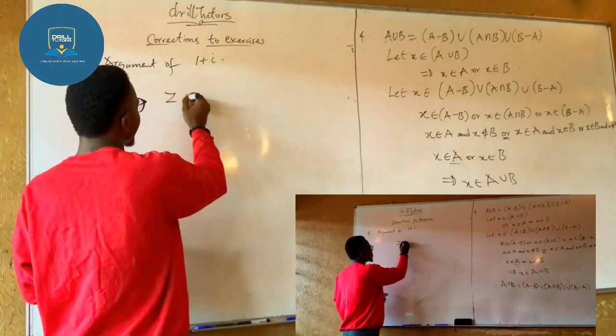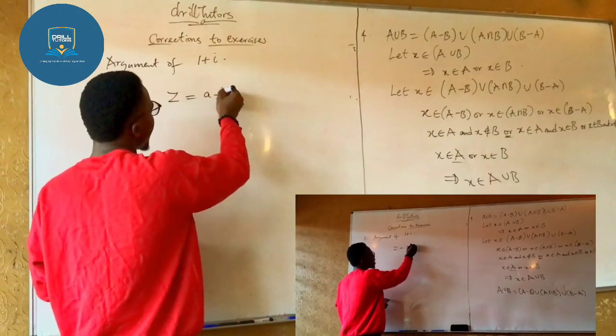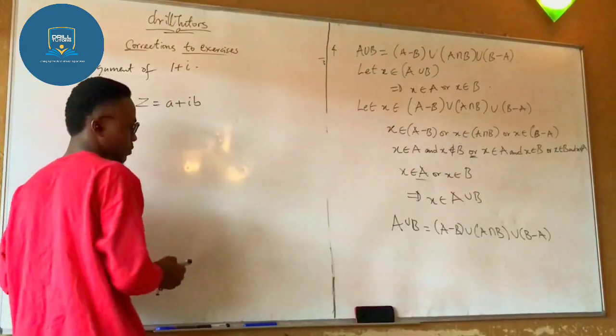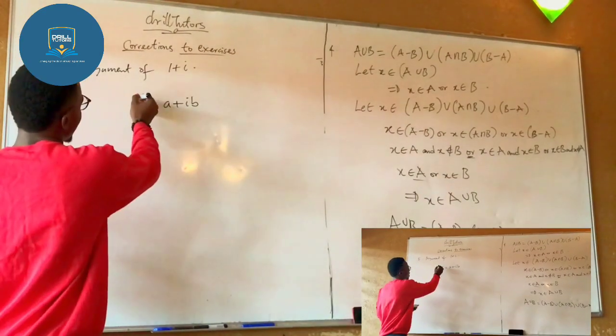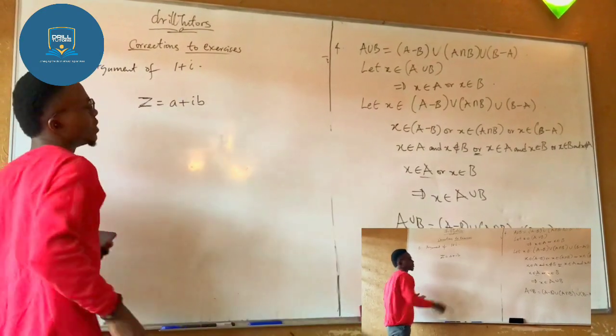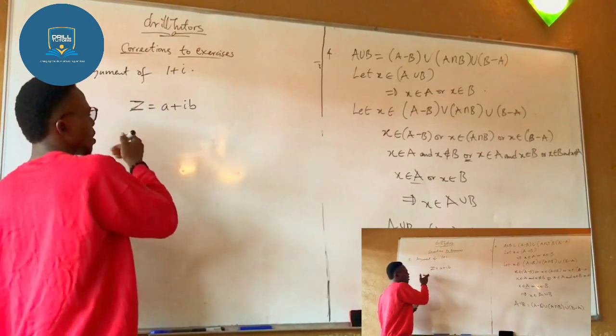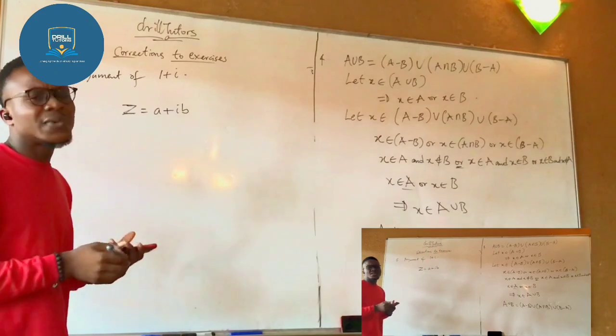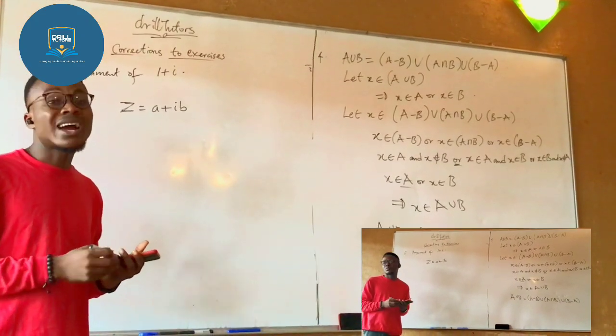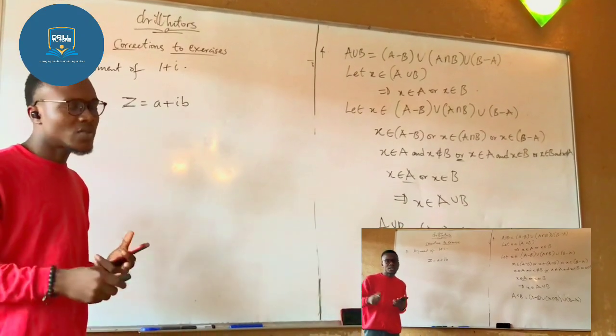Imagine the complex number Z is equal to A plus Bi. Now, how do we find the argument of this complex number?